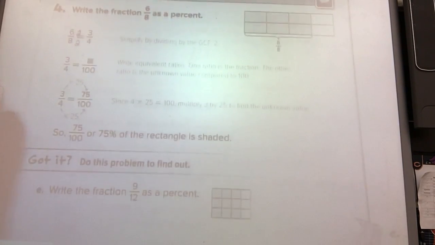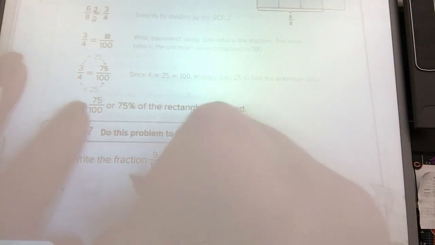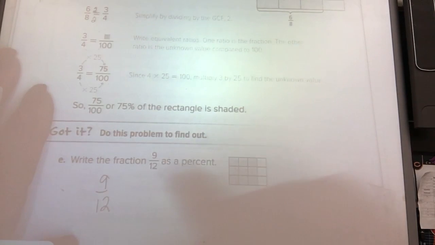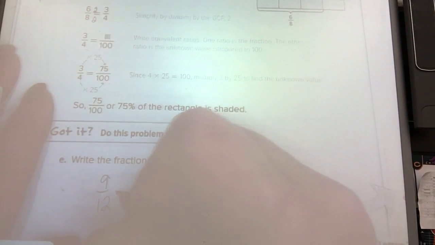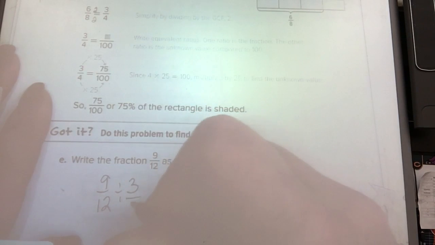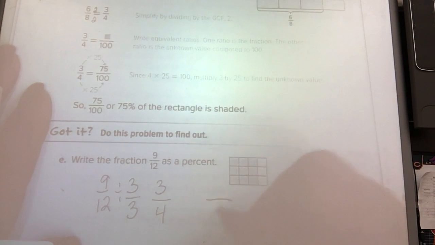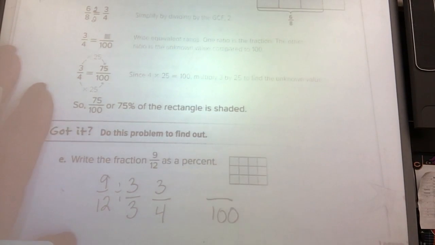All right, let's try this got it problem on our own. We have 9/12 that we can't do anything with, but I know that 3 goes into both those. Let's think easy numbers. Let's divide by 3 on the top and bottom, and we would get 3/4. Our goal is to get to 100. Let's think money. Let's think quarters.